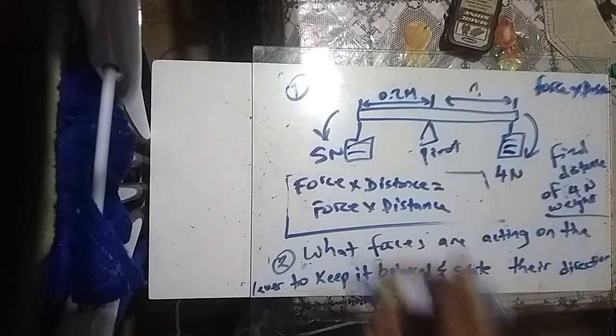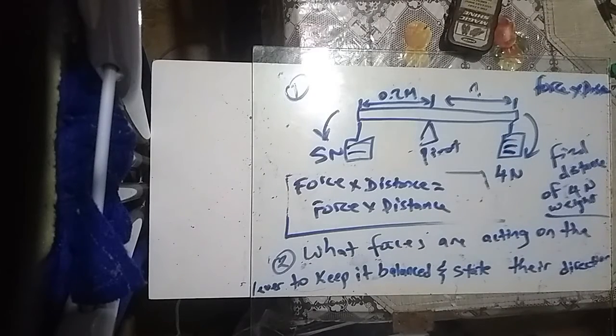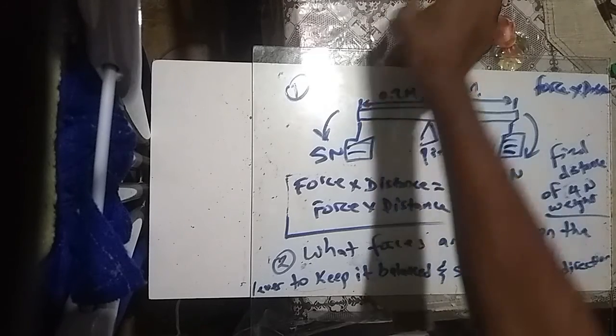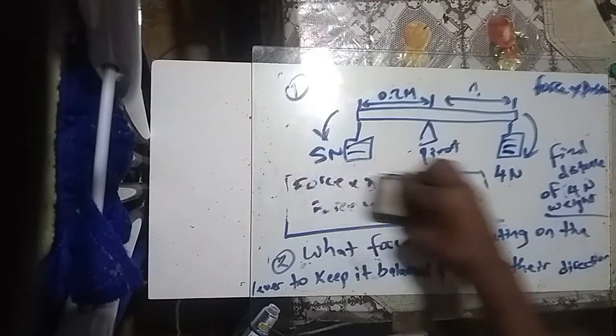So if we find the anti-clockwise moment and the clockwise moment, it is the same equation, just put side by side, and I'm going to do some substitution. You must also appreciate that the force times distance equation is the same little moment equation that we gave you from first. No change.